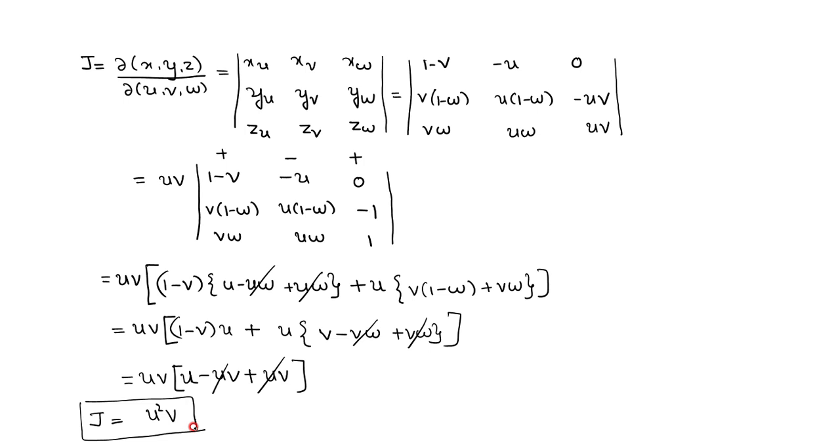A similar kind of problem: x plus y plus z is given as u, y plus z is equal to v, and z is equal to uvw. They may ask you to find the Jacobian of xyz with respect to uvw.